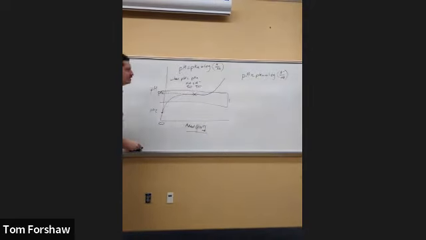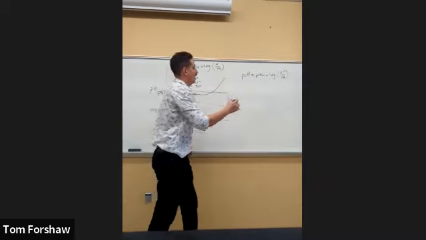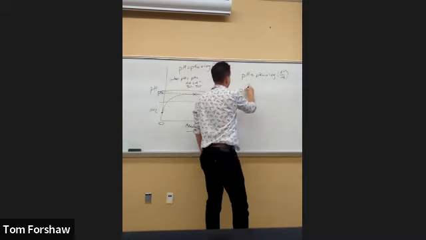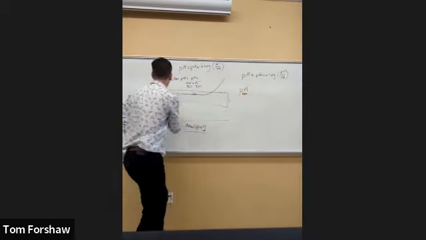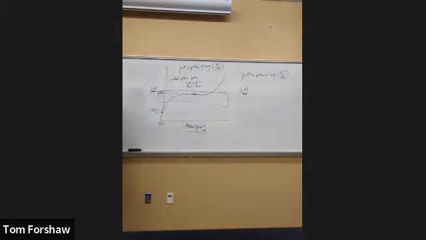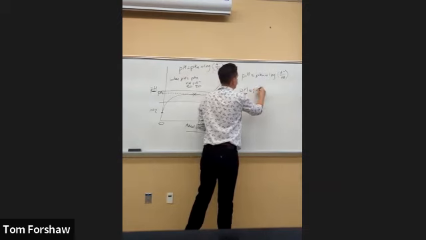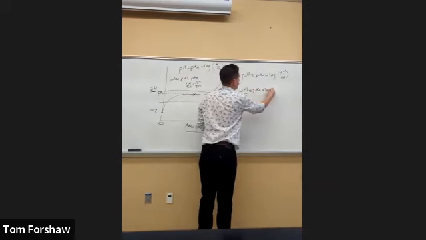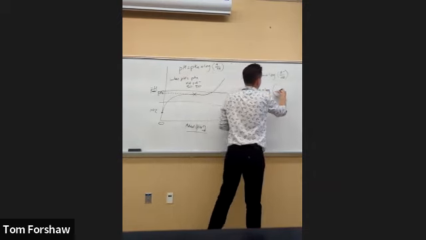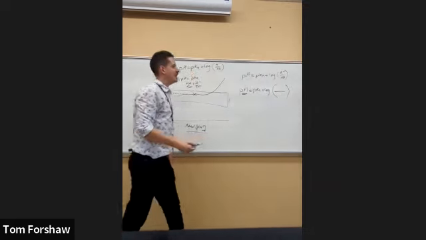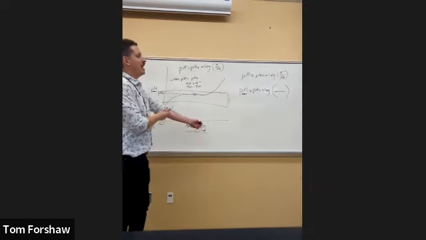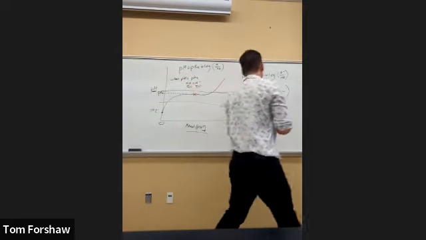Now, if you think about it, at the beginning, pH, remember, is the y axis, equals pKa plus log. Okay, now let's say that you're right at the beginning and you have, let's do some nice easy numbers.